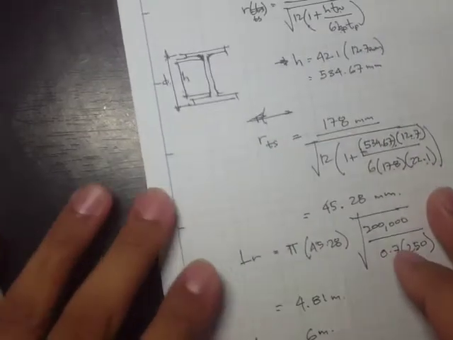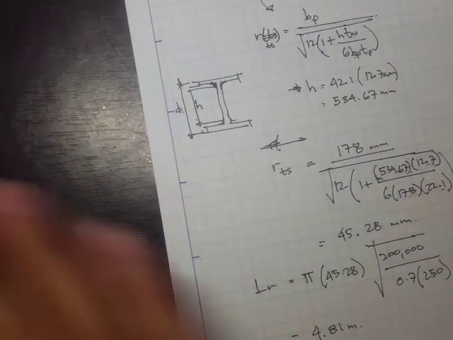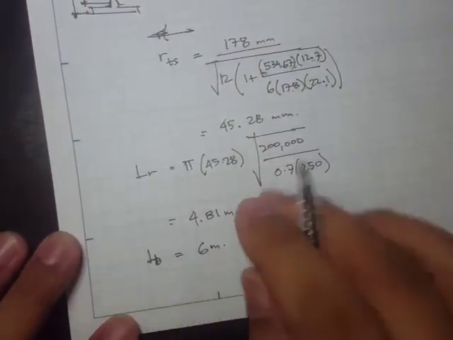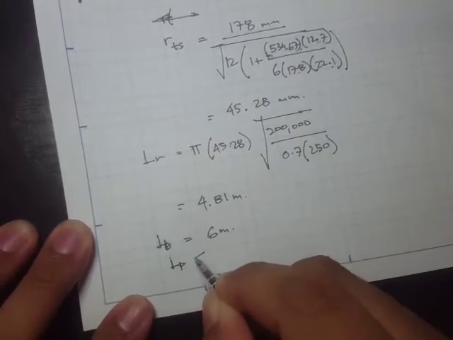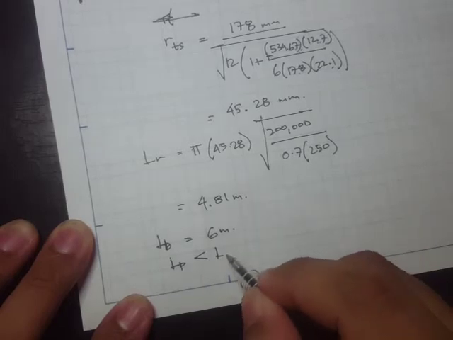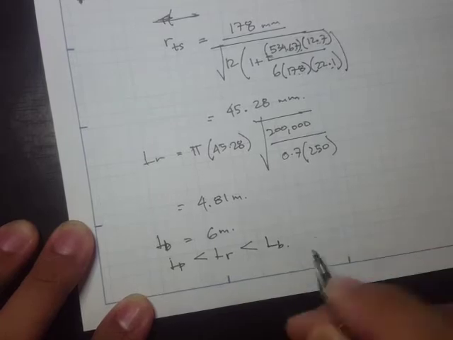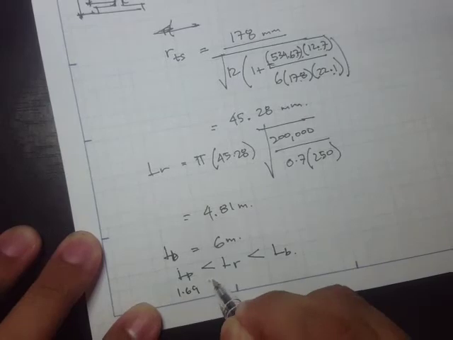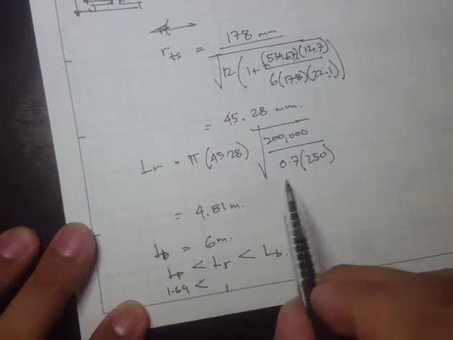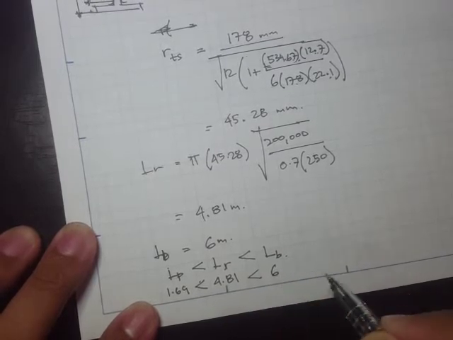And we see that we have this L sub p, the limiting value, which is less than the limiting value for the slenderness, and our L sub b is right here. The L sub p is 1.69, then this one is 4.81, and this one is 6 meters.